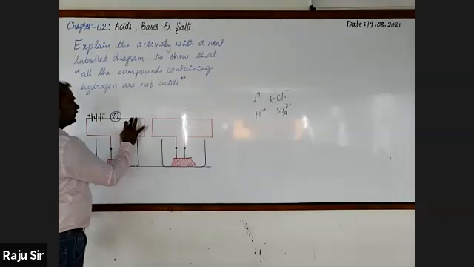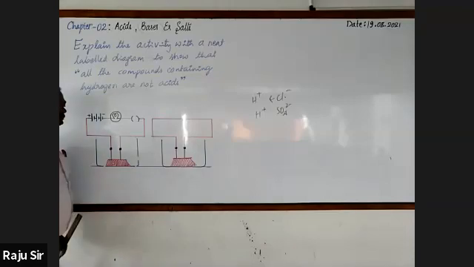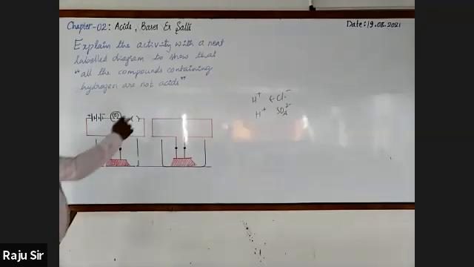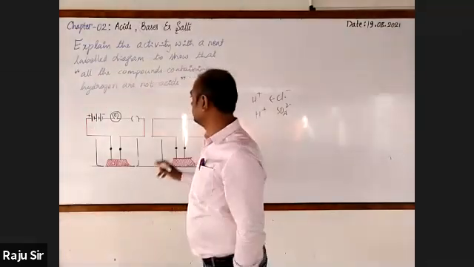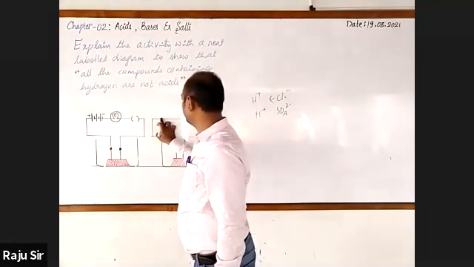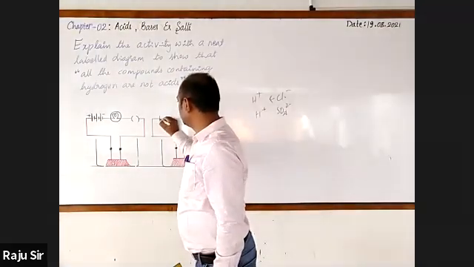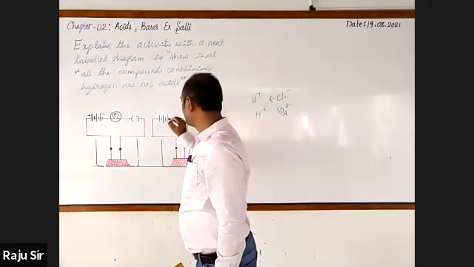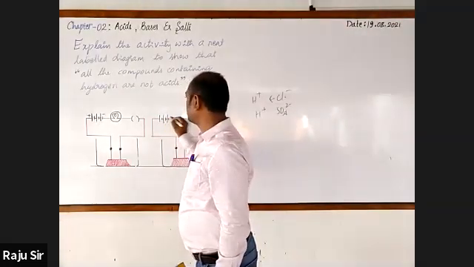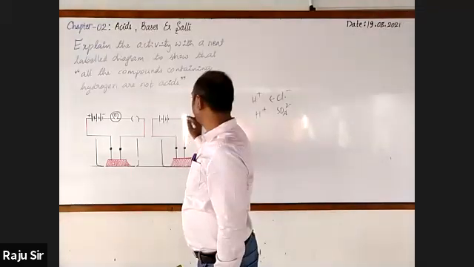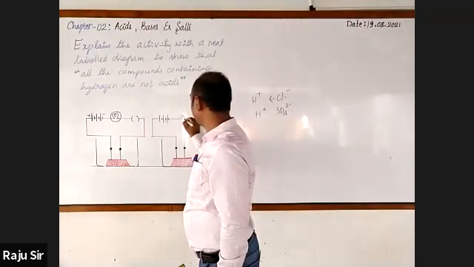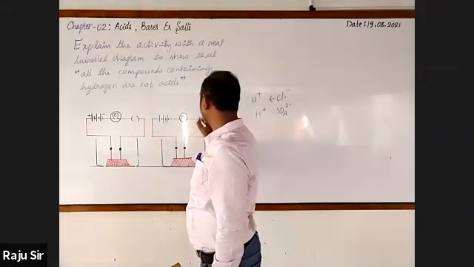And here, let me draw a switch. Similarly, in the second figure as well, you have to mark the same. First, battery. Second, the bulb. And third, here, the switch.